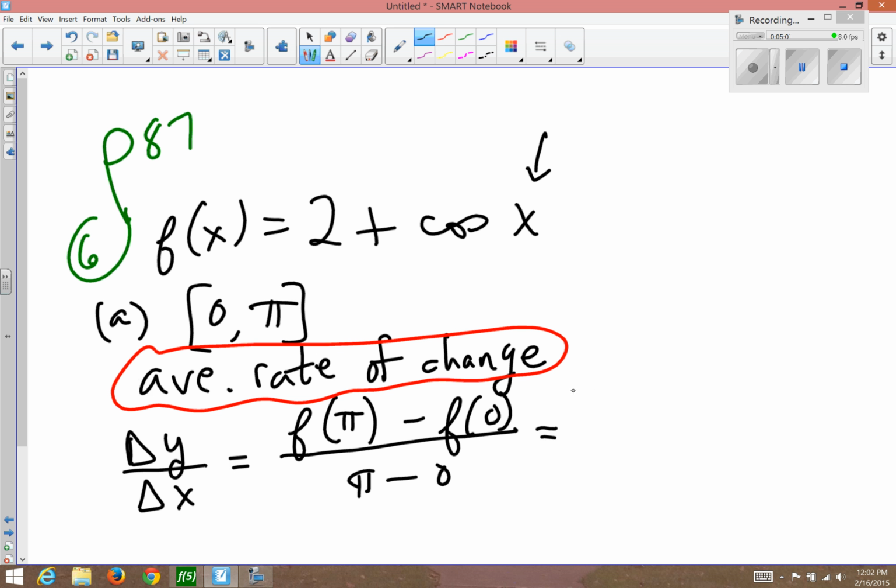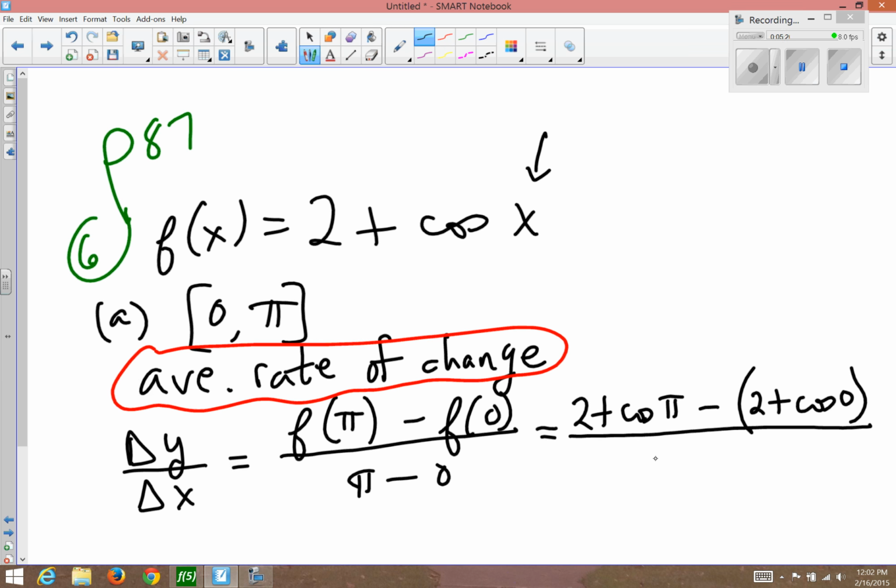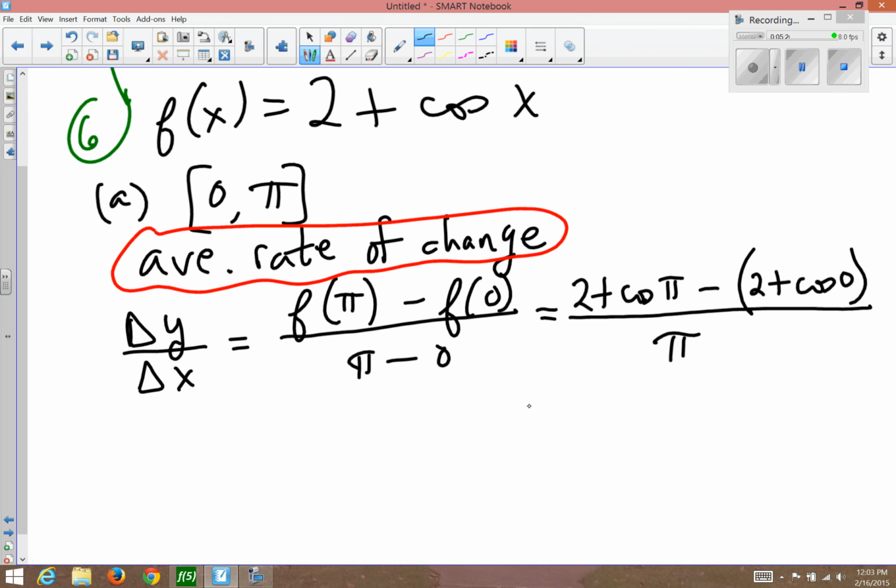f of pi is 2 plus cosine pi, minus f of 0 is 2 plus cosine 0, using f of x that's given. The cosine of pi is negative 1. And the cosine of 0 is 1.